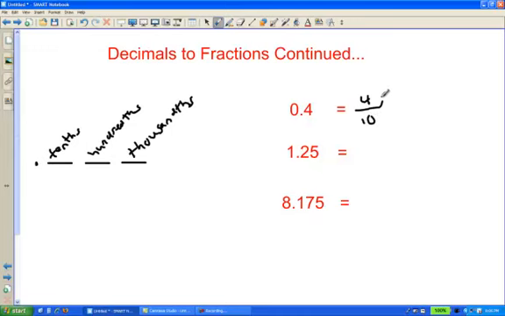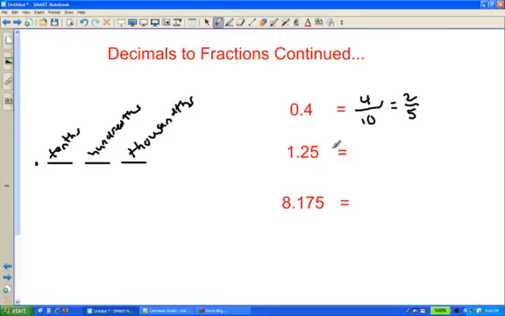Since these two numbers, 4 and 10, can both be divisible by 2, we can actually simplify this and make it 2/5. Remember all that stuff we did with greatest common factor where we'd figure out the factors for 4 are 1, 2, and 4, and the factors for 10 are 1, 2, 5, and 10? Well, we're doing that now. We're using that greatest common factor, which in this case, both of them have 2 as a factor, and we're dividing both 4 and 10 by 2, and we get 2/5.